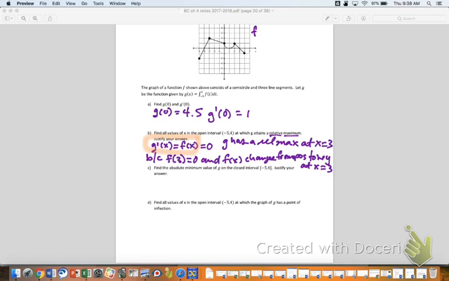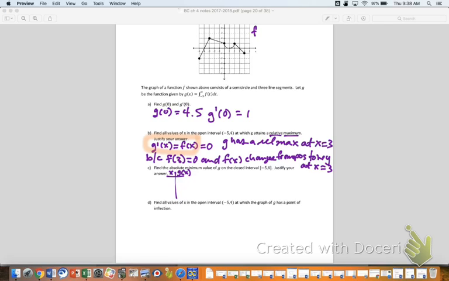Let's look at this. Looking for the absolute minimum on that interval, -5 to 4. So I think it's always a good idea to list out our candidates. I'll just list them out in a table right here. We are looking for x's, and then of course we'll have y's to go along with those.